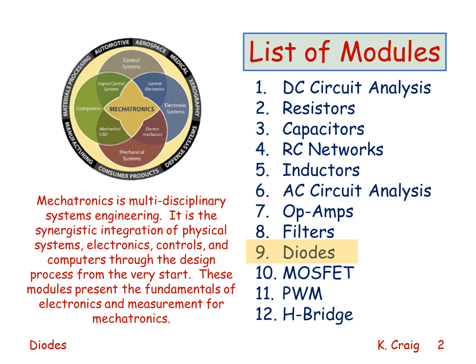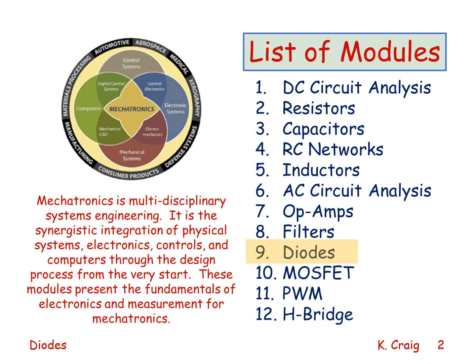It is the synergistic integration of physical systems, electronics, controls, and computers through the design process from the very start of the design process. These modules present the fundamentals of electronics and measurement for mechatronics.